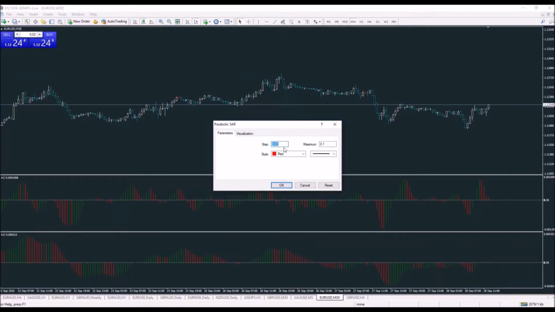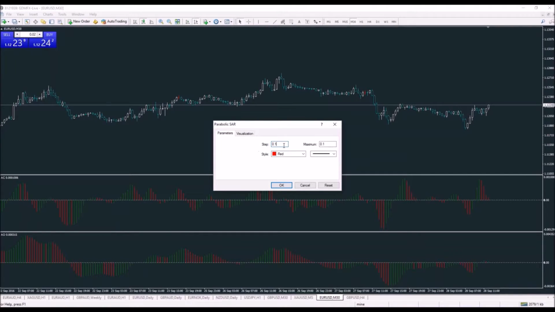Now, for the parameters here, I've set a step of 0.1 to a maximum of 0.1. This is the idea here, because we need it faster, much closer to the price, and when it changes direction, it needs to be on time with the other indicators.